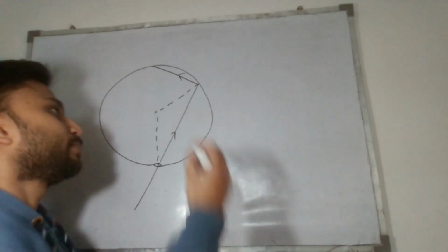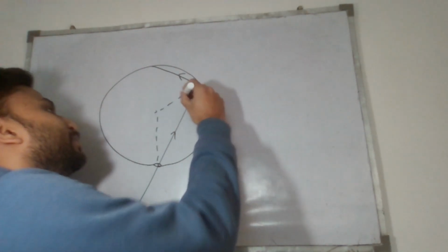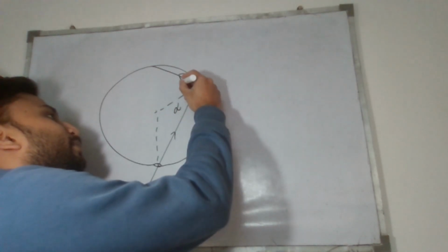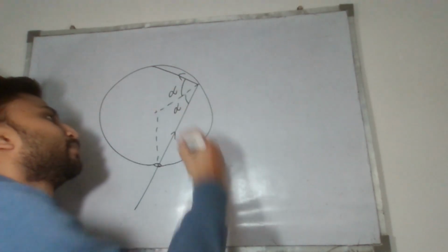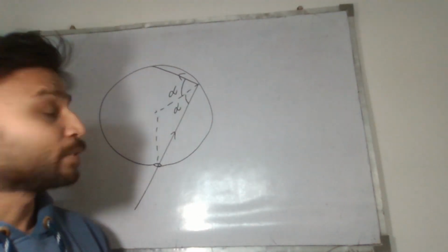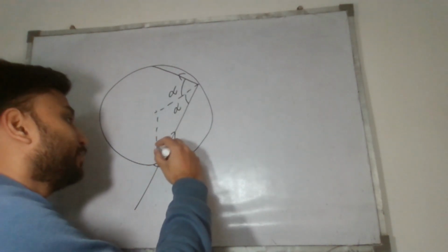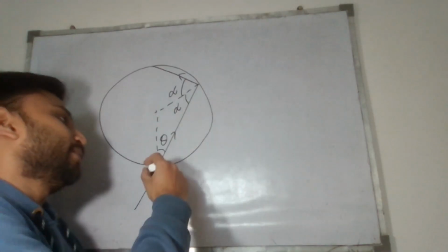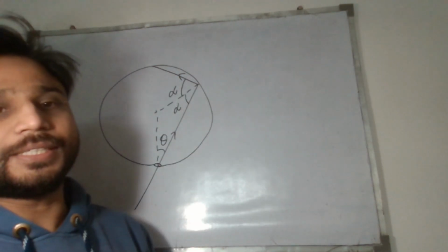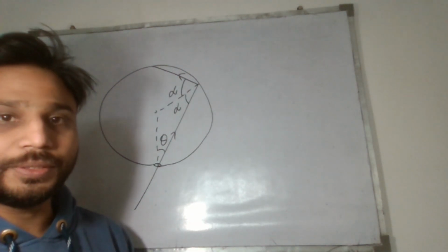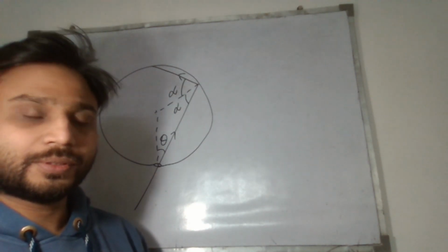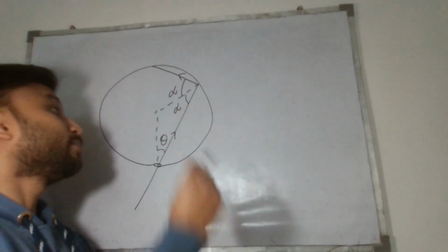So this means, let's say this angle is some alpha, this angle will also be alpha. So we know if the ray of light enters at an angle theta with the radius vector and it gets inside this sphere, it gets reflected with an angle alpha.